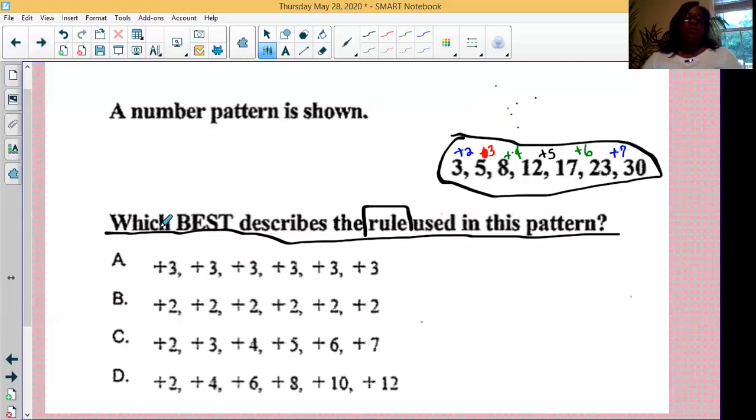So which one of these matches what's up here? All right. Go ahead and circle your correct answer.